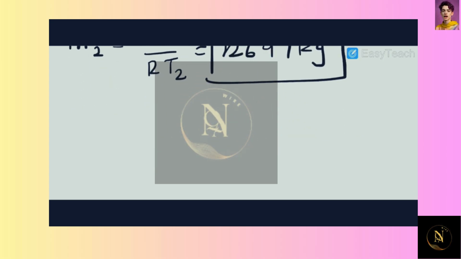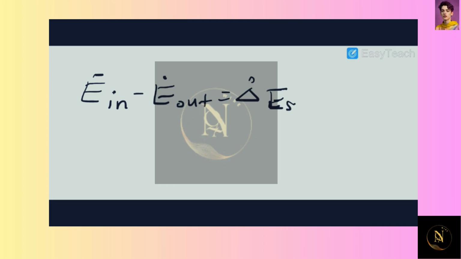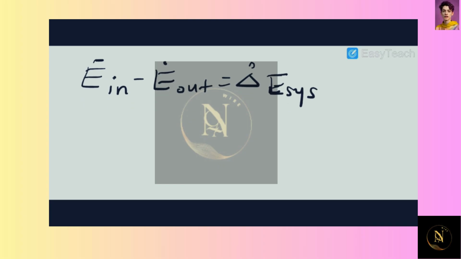Next, we're also asked to solve for the total heat transfer going through the system. And what we can do is say that the energy coming in minus the energy leaving is equal to the total change in energy of the system. And we can write this by saying that we have heat that's coming in plus enthalpy that is also coming in minus enthalpy that is leaving the system, which is going to be equal to the change in energy of the system itself.